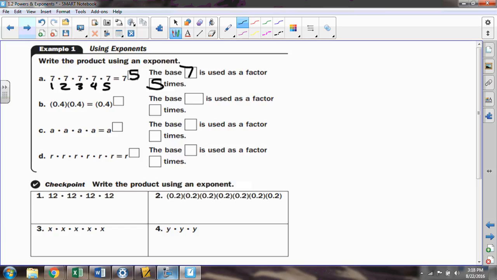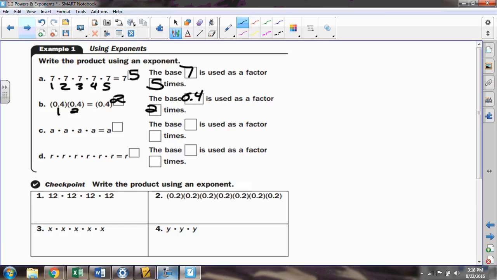And we can continue on to B. What goes in the first box? We've got 2, because we're simply counting 1 and 2. Thus we'll continue. The base of 0.4 is used as a factor 2 times. Please note, powers apply when you are repeatedly multiplying the same number over and over.